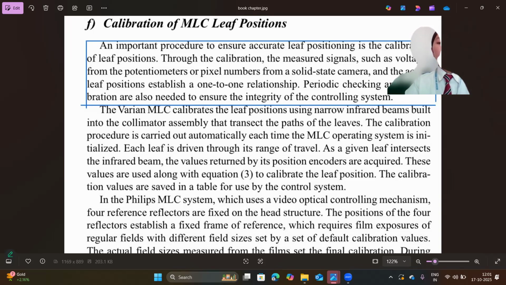Each leaf position encoder value is acquired as it interrupts the infrared beam and is used with equation three for calibration. So this is all I want to say on this book chapter.